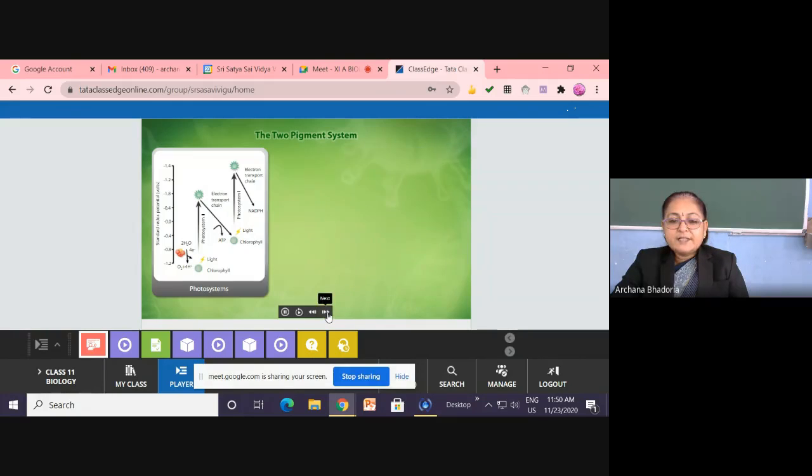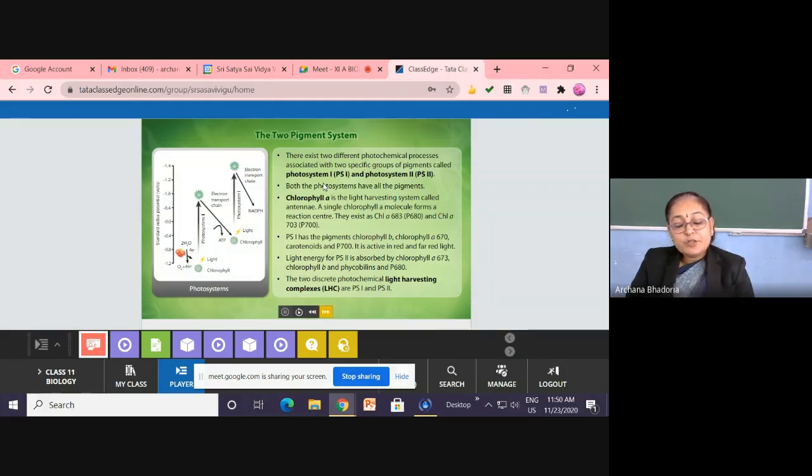Now I'll take up the next topic, the two pigment systems. This is very important to understand, children, that during the light reaction, two pigment systems are involved. What is the meaning of a pigment system? The group of chlorophyll pigment molecules forms the pigment system. There exist two different photochemical processes associated with two specific groups of pigments.